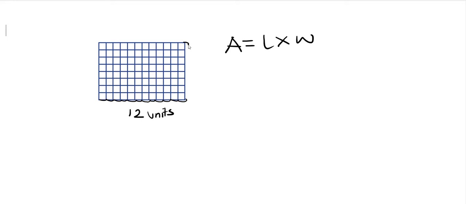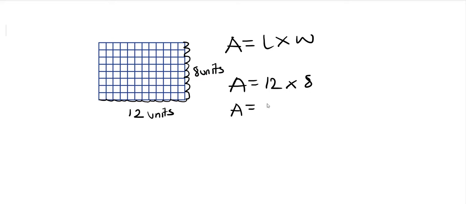And a width of 1, 2, 3, 4, 5, 6, 7, 8. 8 units. And that is all I need to work out the area. So area will be equal to 12 times 8. Area is equal to 96. Now I don't know my units, so I'll just write 96 units.